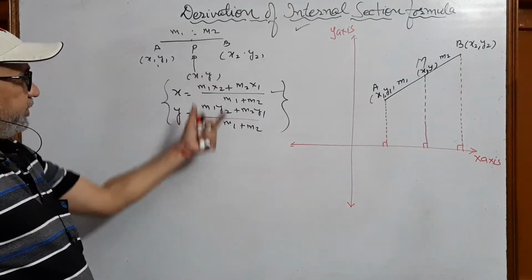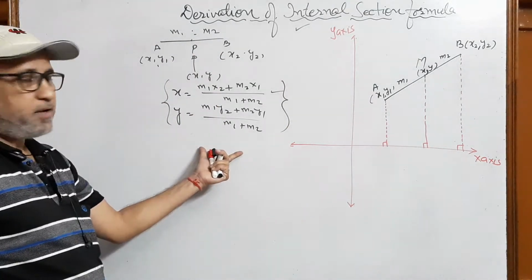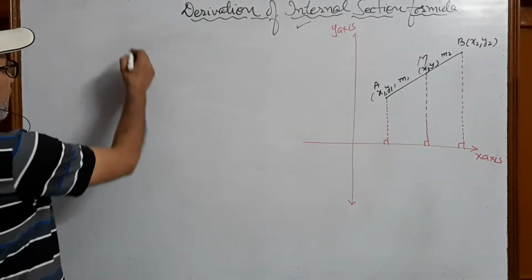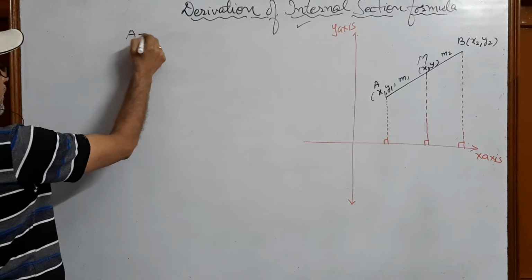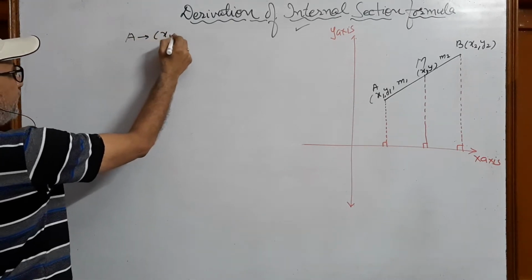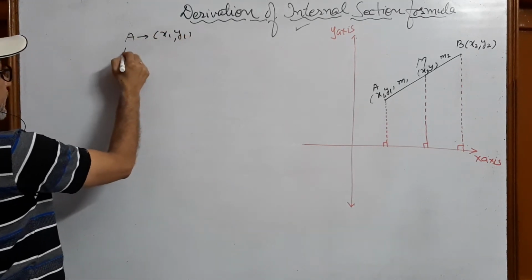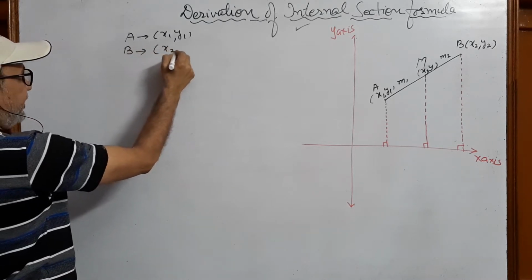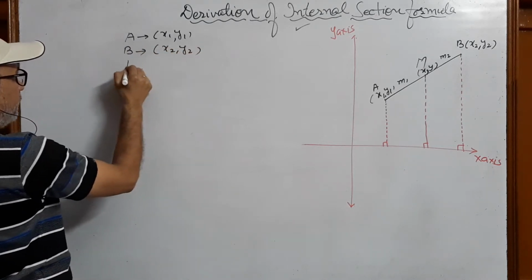So now see the derivation of this one. Okay, see. So again, coordinates of A are x1 y1, let coordinates of B be x2 and y2.